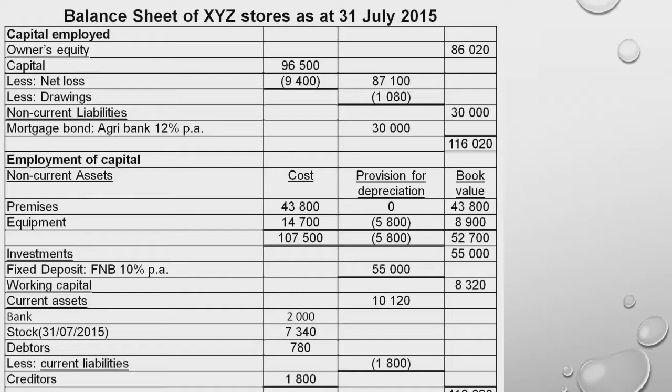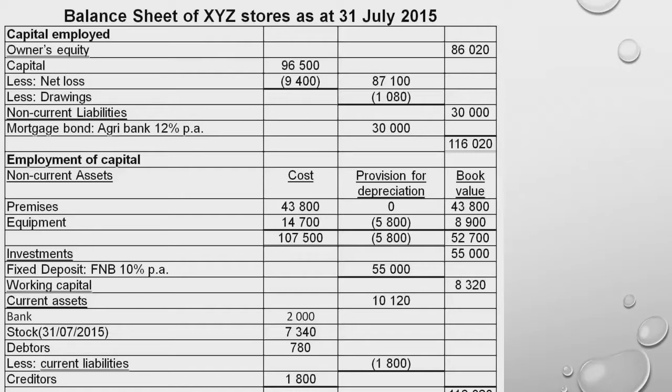This net loss and drawings are to be subtracted because they decrease our owner's equity. How much was our capital stated in the trial balance? 96,500 minus net loss, you get that amount, minus drawings, then we get 86,020 Namibian dollars.